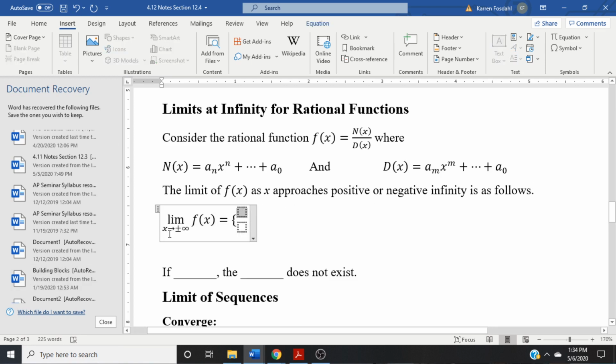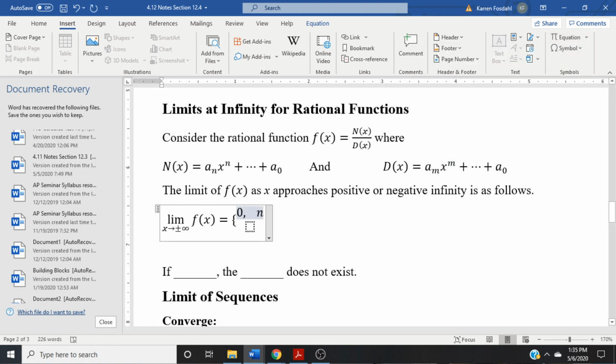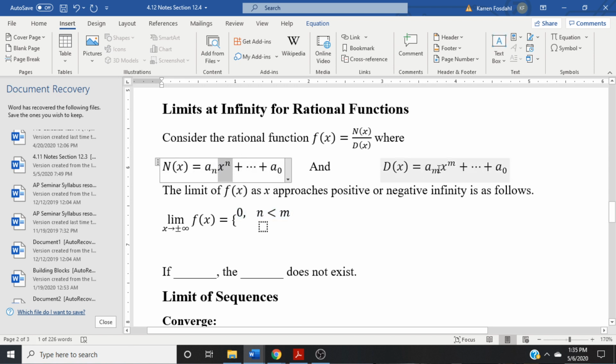The limit as x approaches positive or negative infinity of f of x is going to be 0 if the power of our numerator is less than the power of our denominator. So n is the power of our numerator, right here, and m is the power of our denominator. If the denominator has a greater power, then it will tend to 0.